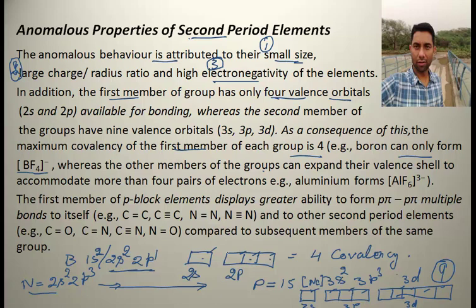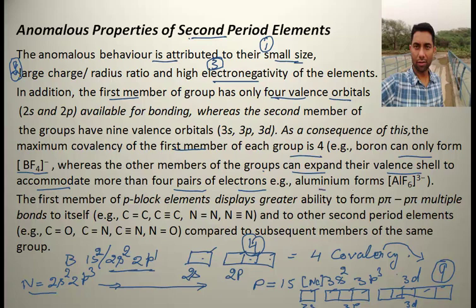Whereas in second period elements, there were only 4 orbitals. So that means the covalency can be extended now. That's why it's given here that boron can form only this, whereas the other members of the group can expand their covalence shell to accommodate more than 4 pairs of electrons.